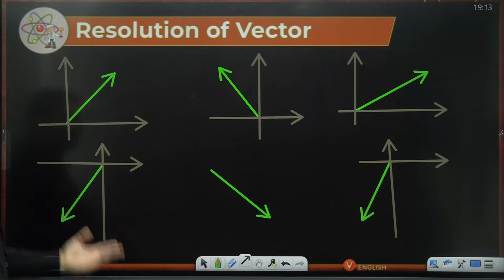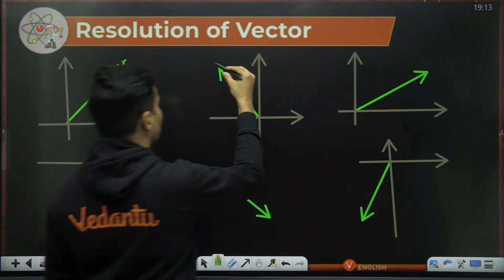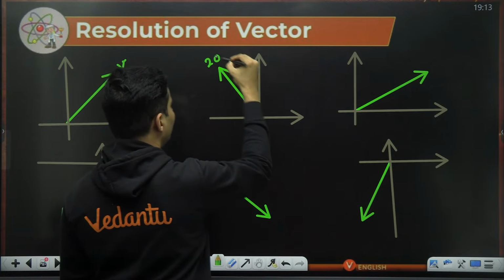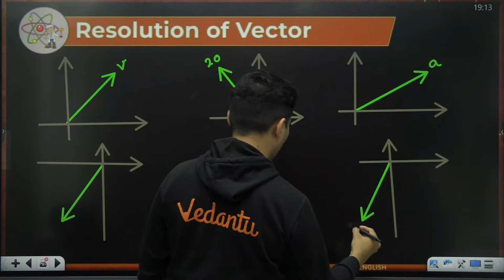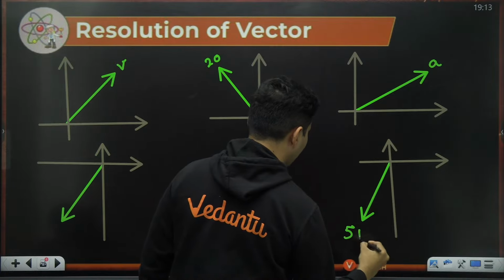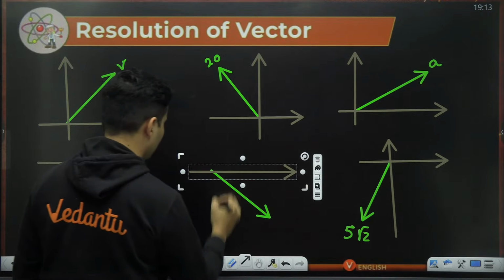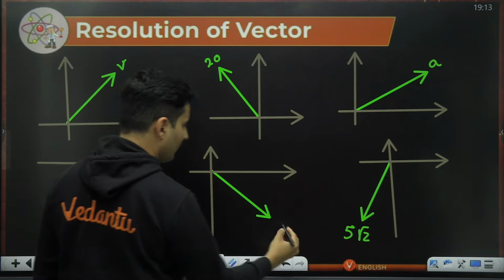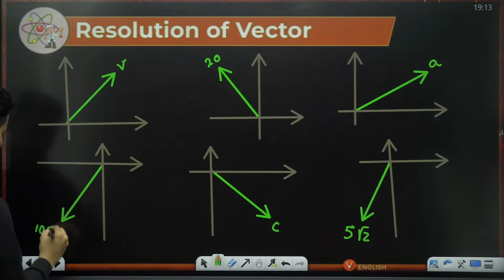Those are the axes and those are our vectors. Let's say this is vector V, a vector of magnitude 20. Let's say this is a vector A of magnitude 5 root 2. This is a vector of magnitude C. Let's say this is a vector of magnitude 100.